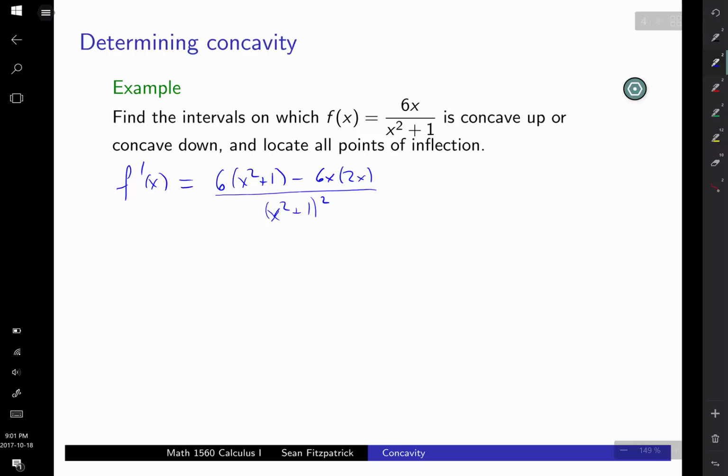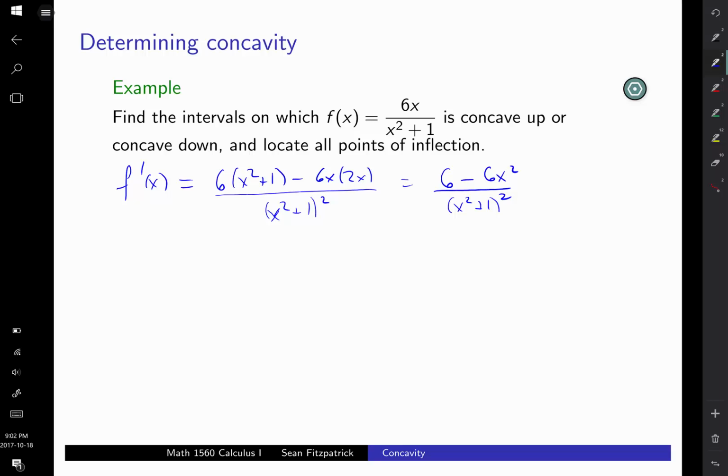Okay, so this gives me 6x squared minus 12x squared, and then there's a 6. So overall I get 6 minus 6x squared over x squared plus 1 squared. Okay, so there's the first derivative, and now I can continue on.